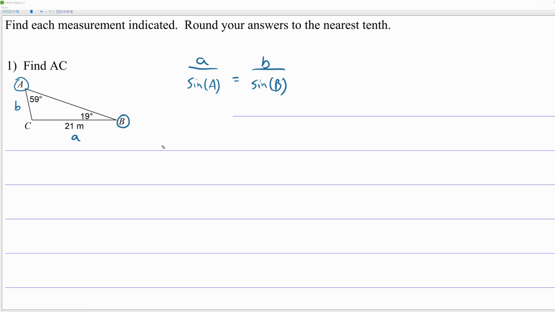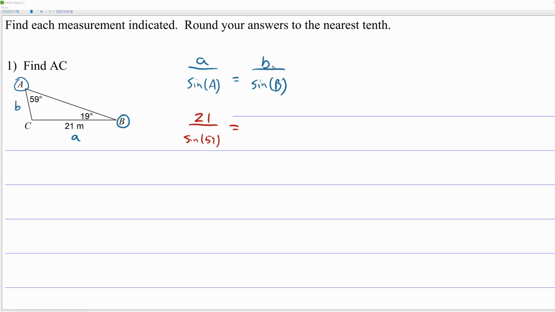So if you think about it as simply an equation with four variables, what we have in this example is lowercase a, that's side A, that's 21 meters, over the sine of capital A, so over the sine of 59 degrees.